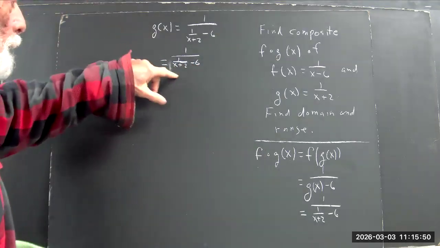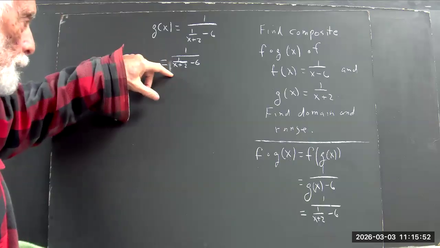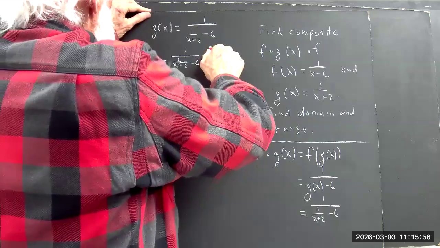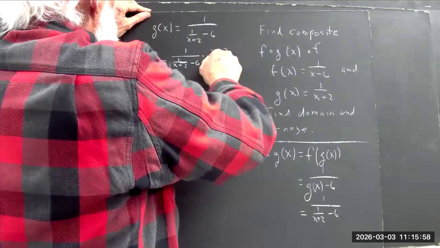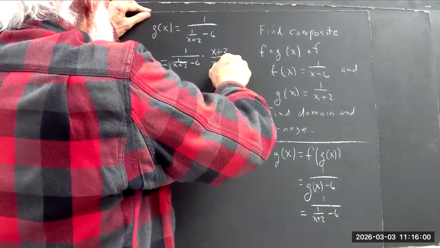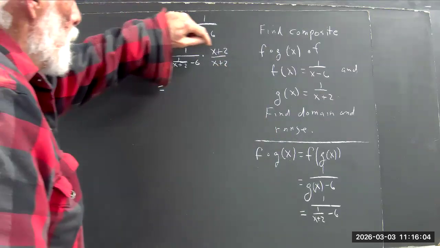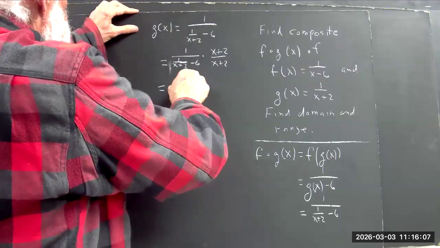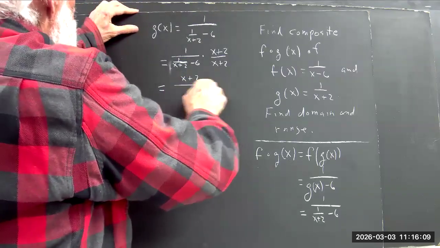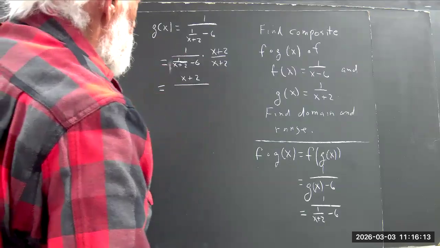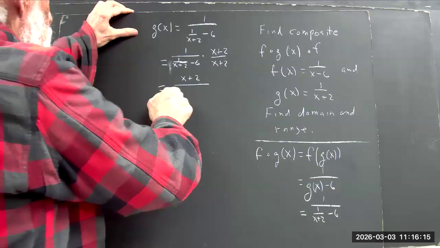So here we have it, 1 over the reciprocal of x plus 2 minus 6, multiplied by x plus 2 over x plus 2. 1 times x plus 2 is just x plus 2. And in the denominator, 1 over x plus 2 minus 6 times x plus 2.